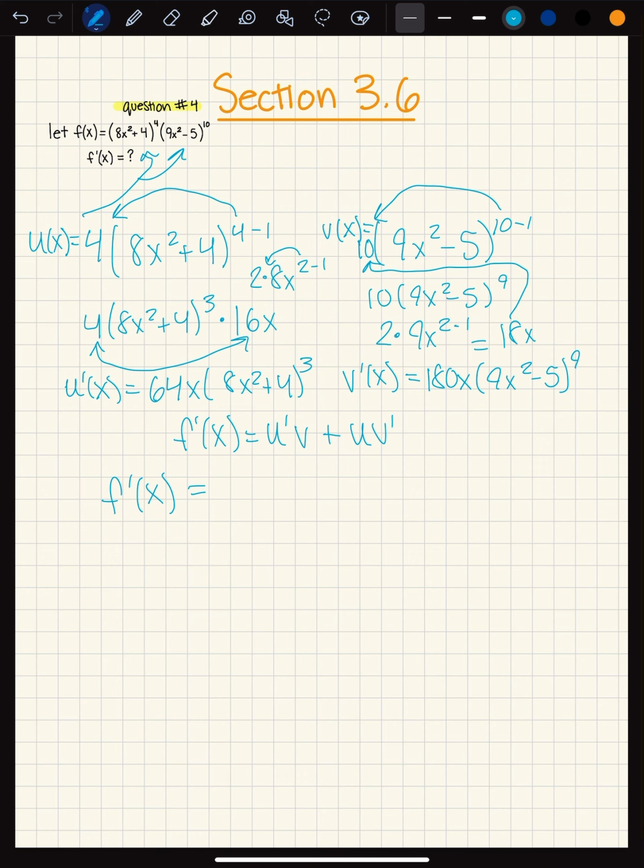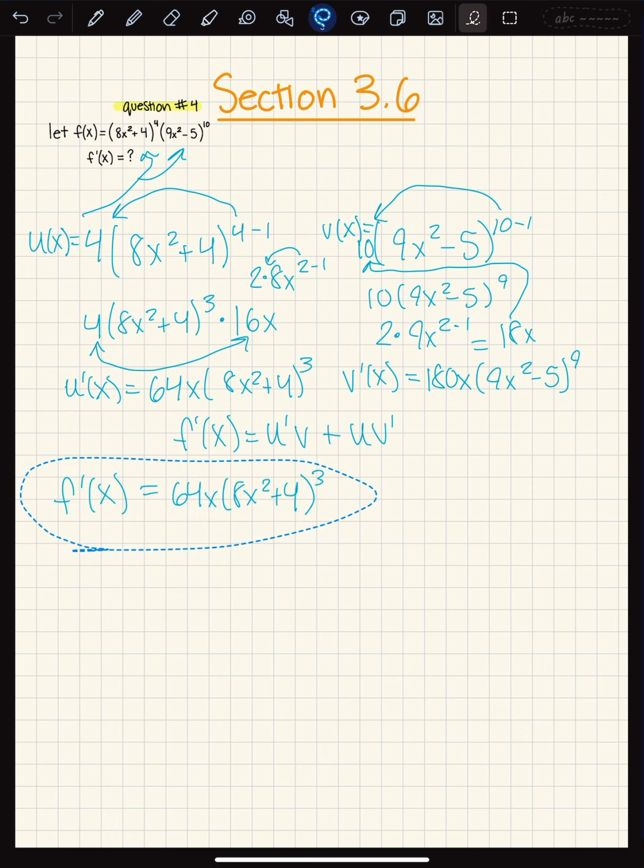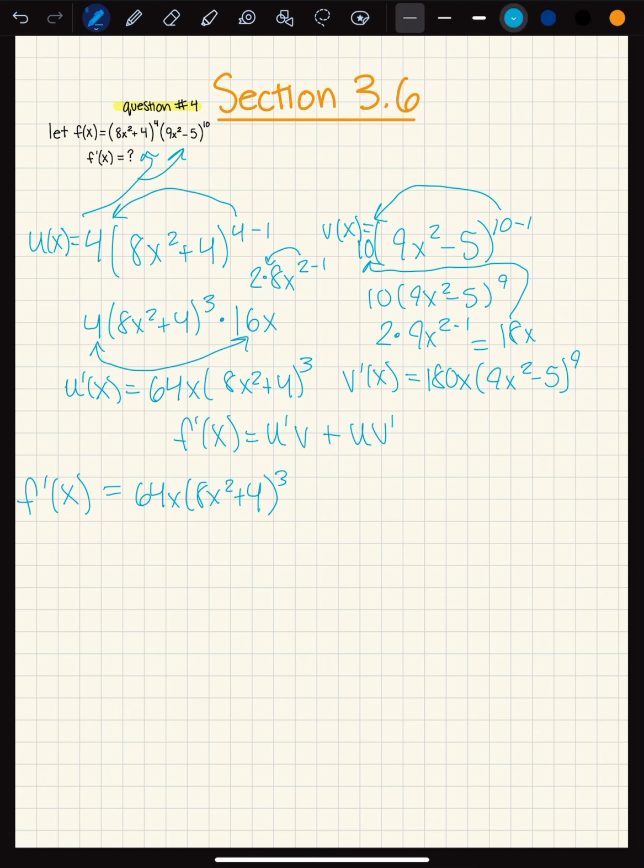Our u prime is 64x times (8x squared plus 4) to the 3rd power. Let me move this over. And then it's multiplied by regular v.